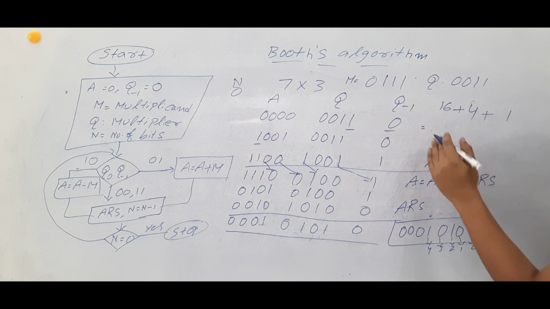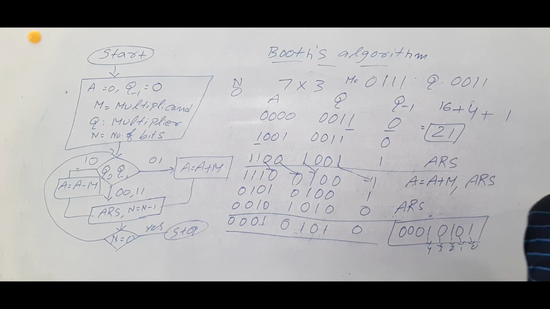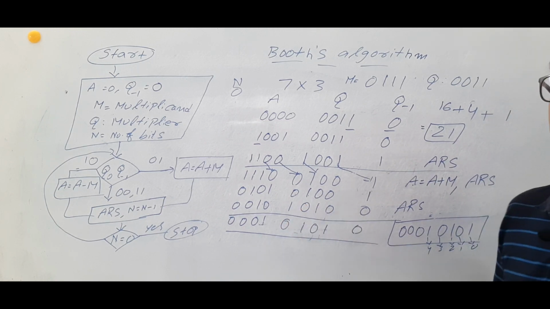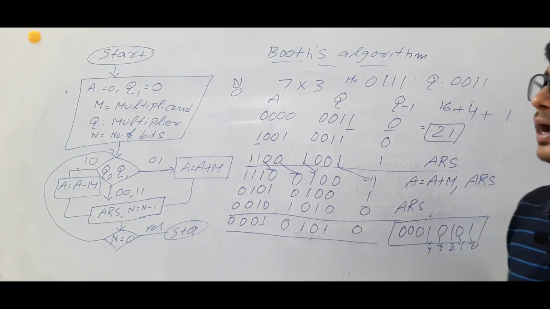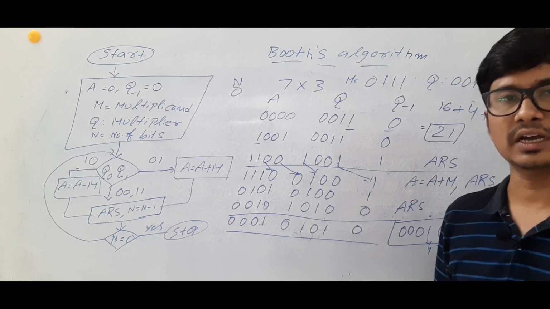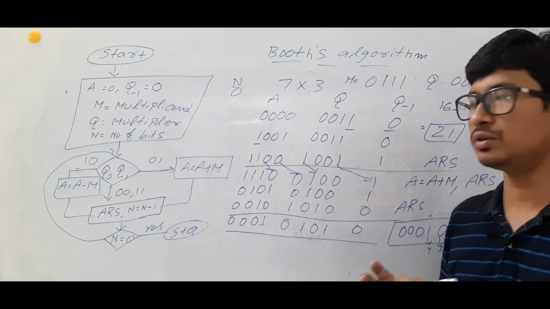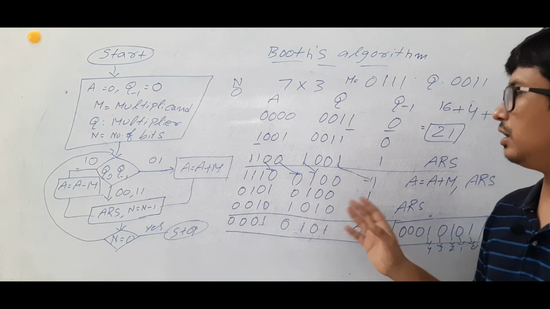So 16 plus 4 plus 1 is 21. So if you perform 7 into 3, you will get 21. Even using Booth's algorithm, I got 21. So it is correct.